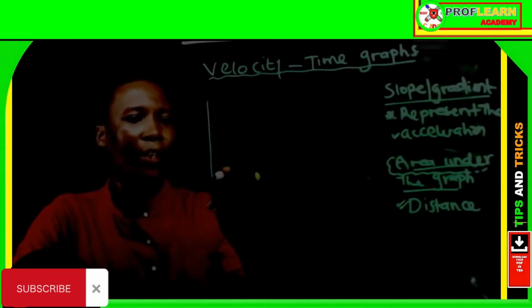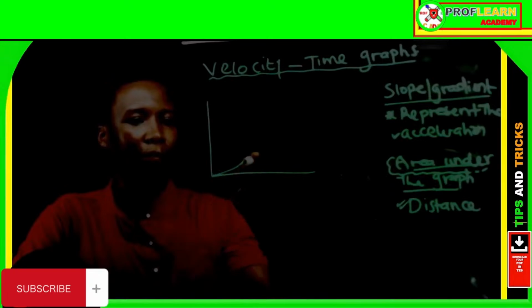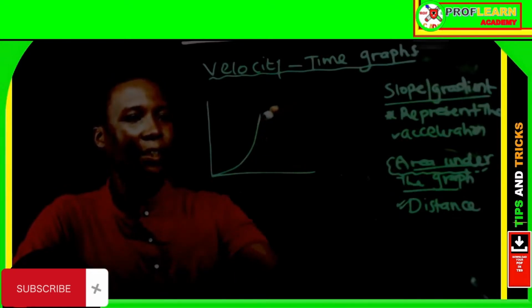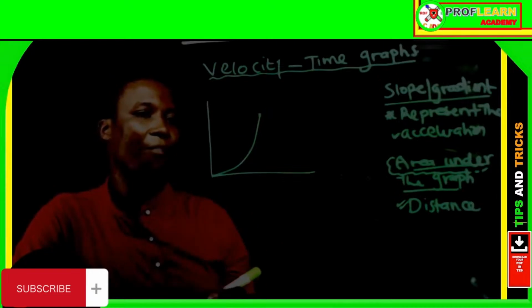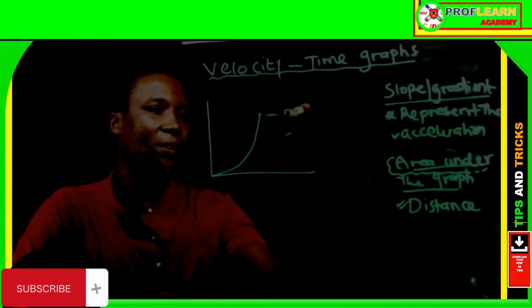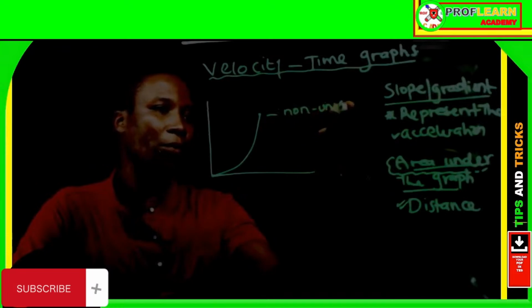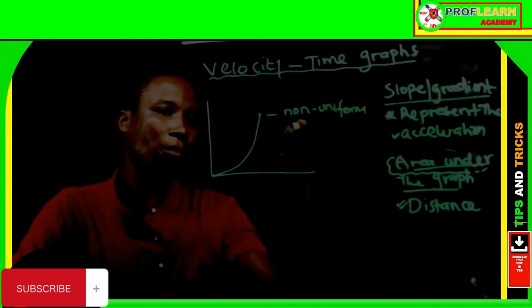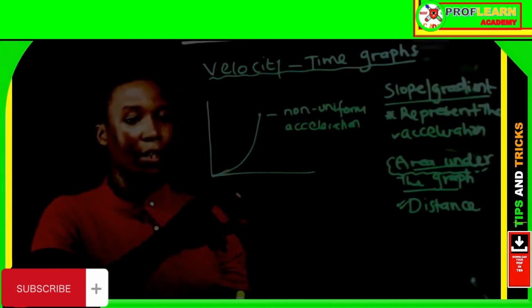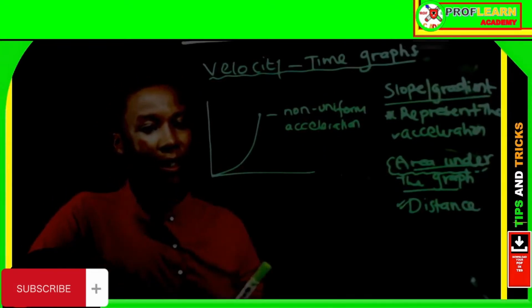If you are given a graph like this, this means this object is accelerating non-uniformly. This is non-uniform acceleration. So if you have a graph that looks like this, it's having non-uniform acceleration.